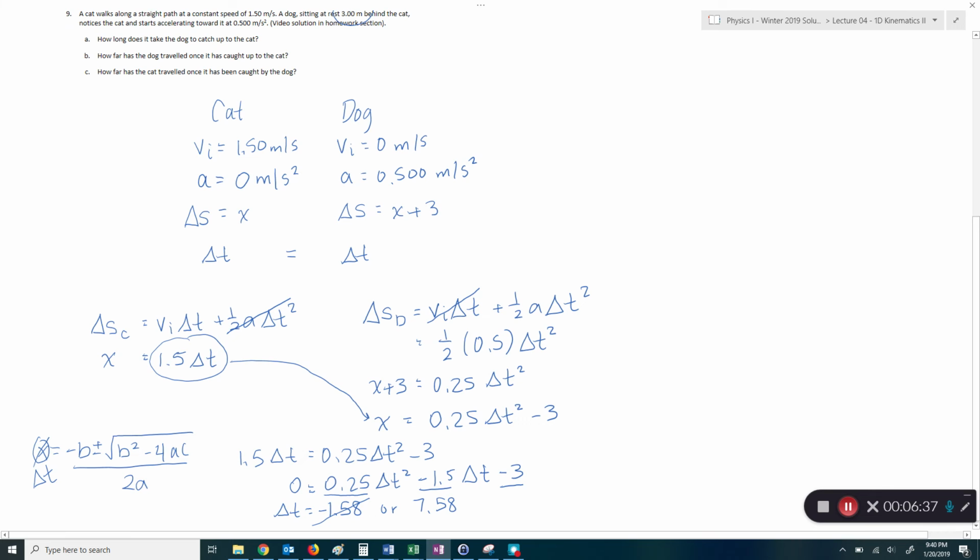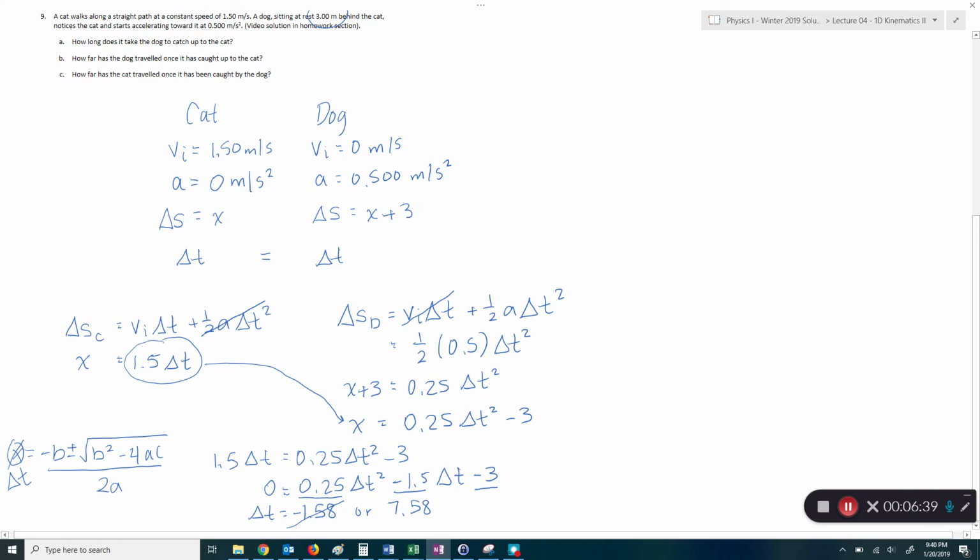So in part A, where it asks, how long does it take the dog to catch up to the cat? It takes 7.58 seconds. In part B, it asks, how far has the dog traveled once it has caught up to the cat? Okay, so my dog has traveled x plus 3.